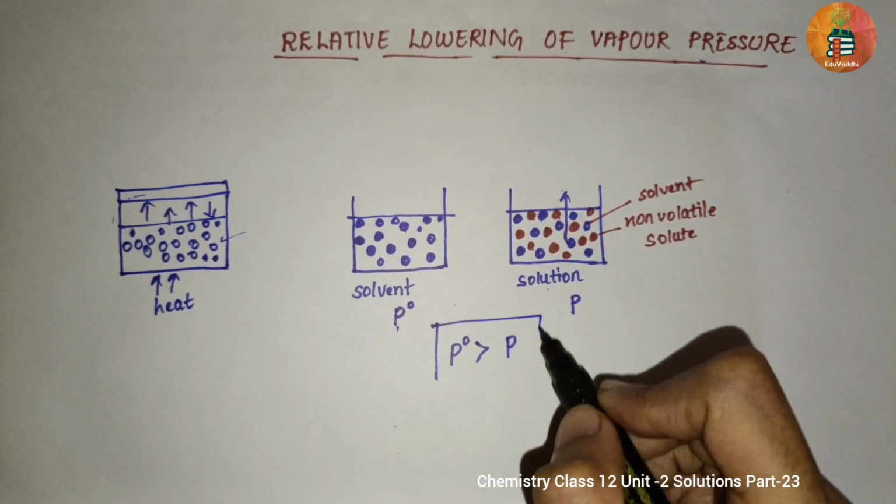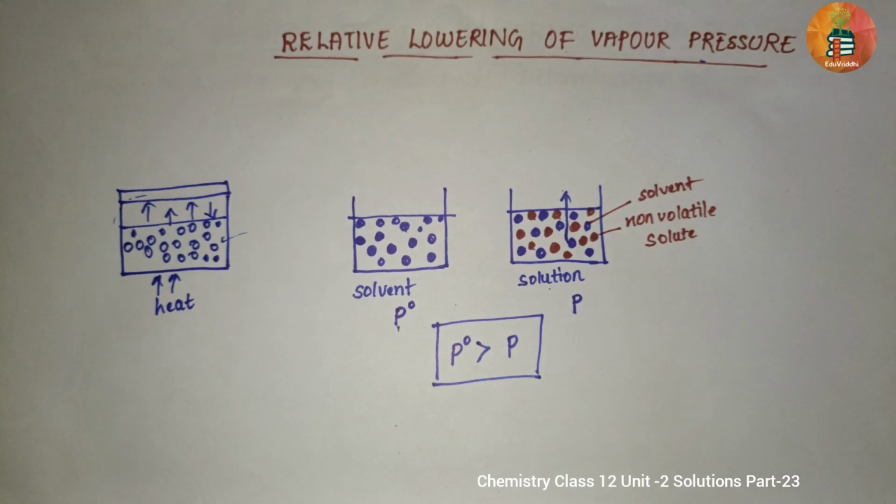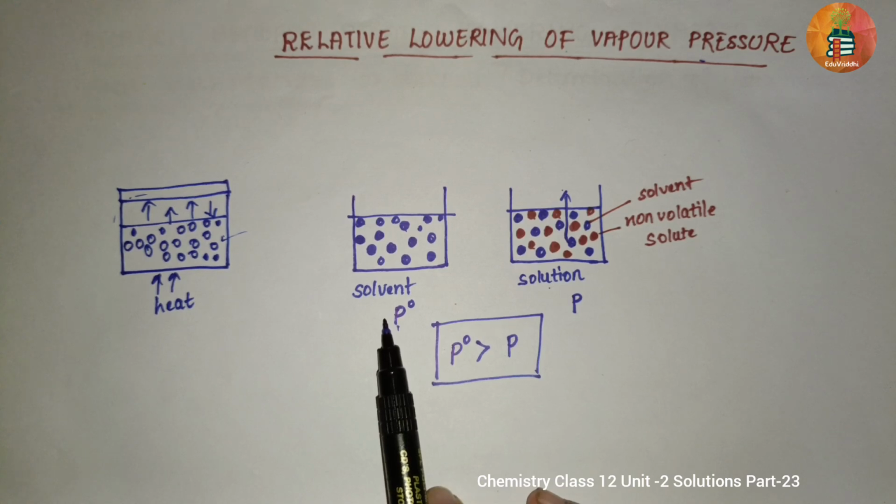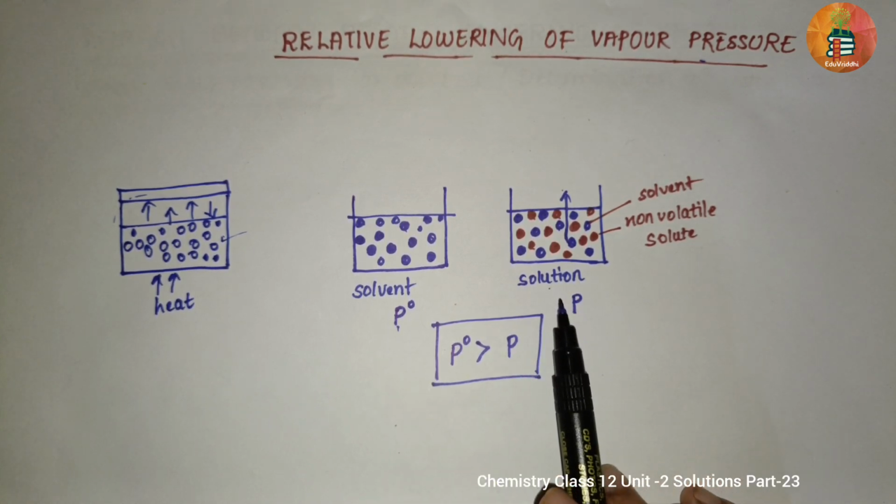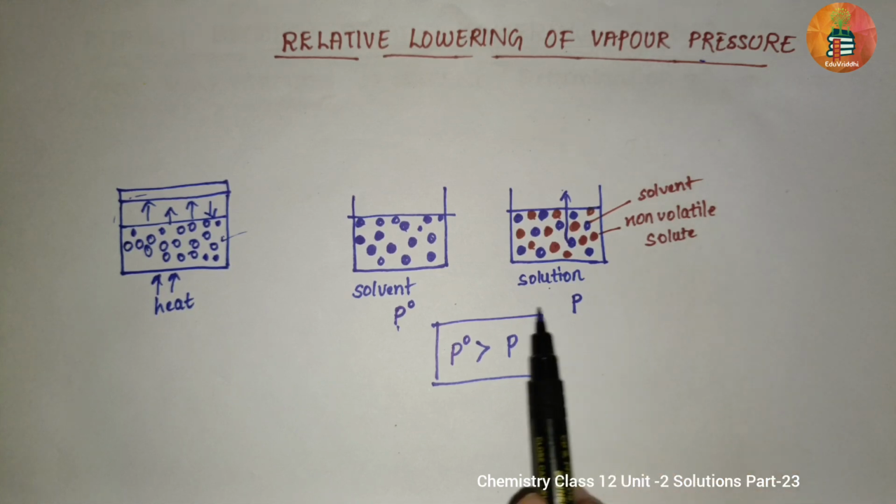You have to understand this concept before going into relative lowering of vapor pressure. Always remember, vapor pressure of pure solvent is always greater than the vapor pressure of the solution, which is got by adding non-volatile solute into that particular solvent.